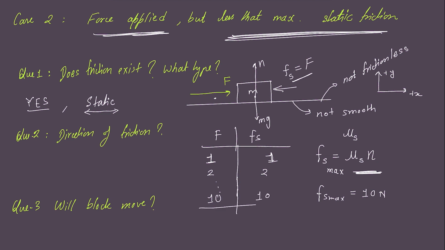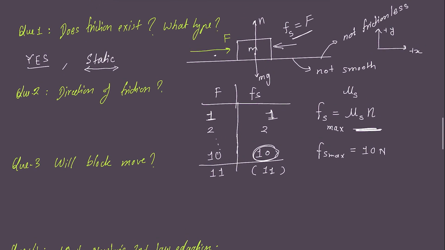But if you apply more than 10 Newtons, it can't apply 11 because the maximum it can do is 10. We're going to see what happens in the later case. But the point is, if this force is less than the maximum value of static friction, then the static friction that will actually be present will be equal to the force applied.